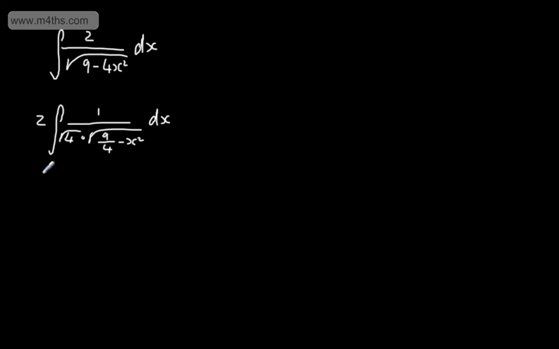So this is going to give us 2 over 2, the integral of 1 over the square root of 9 over 4 minus x squared. We're integrating with respect to x. So at this particular stage, we can quite clearly see that's going to give us 1, and we can state that a squared is going to be equal to 9 over 4.